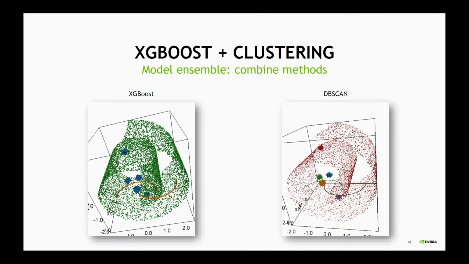And on the left, you see the XGBoost result, and on the right is a combination of taking the output from XGBoost, these decision trees, and adding it through a density-based scanning machine learning algorithm, and then ultimately you get a much, much better result as a result of combining these different types of models.